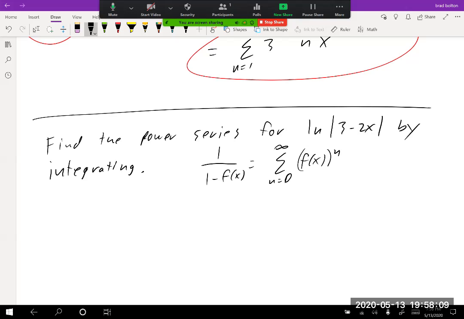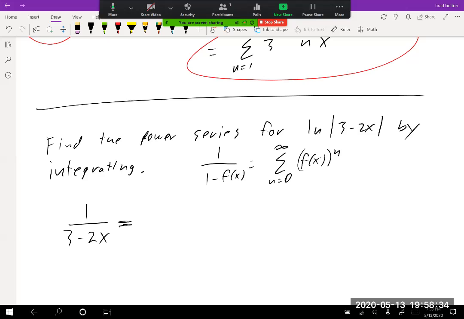Well, I know that if I integrate 1 over, so let's write this out first: 1 over 3 minus 2x is equal to a series. So I know I'm going to focus on that part, right?